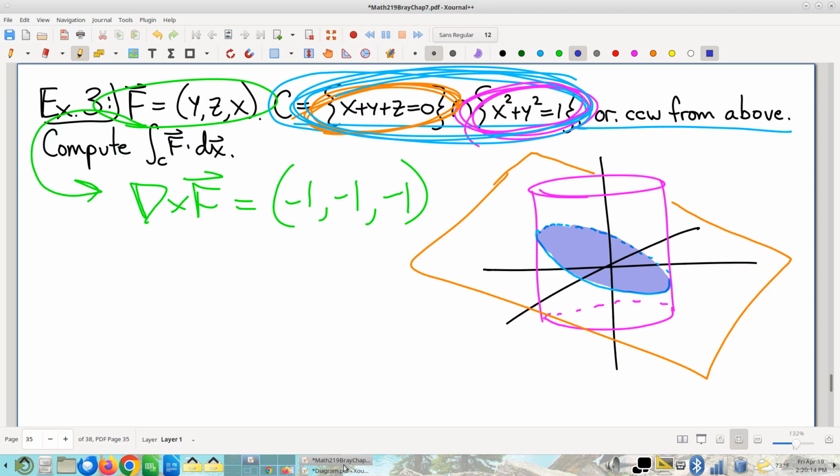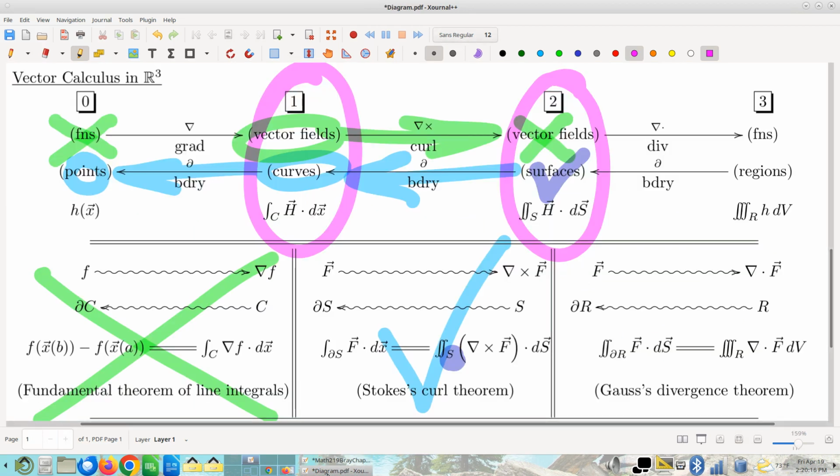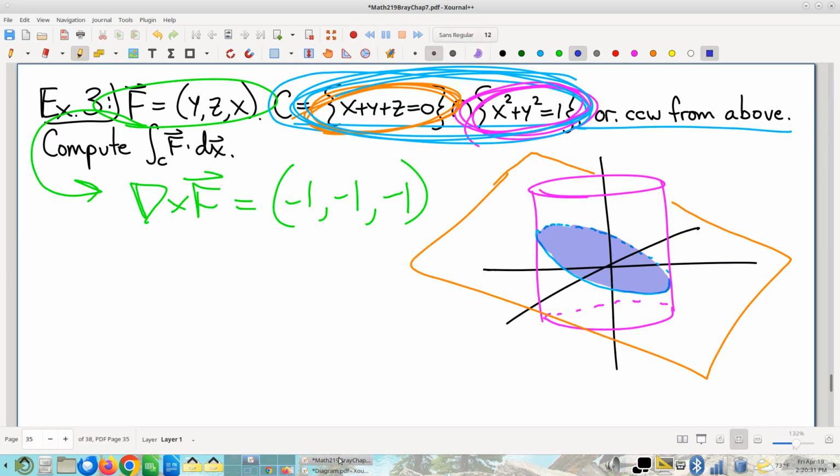Our other option, reminder from the diagram, is to just compute the question as it was originally phrased. Original curve, original vector field, just compute the line integral. So how would I do that? Notice that my original curve was not parametrized.